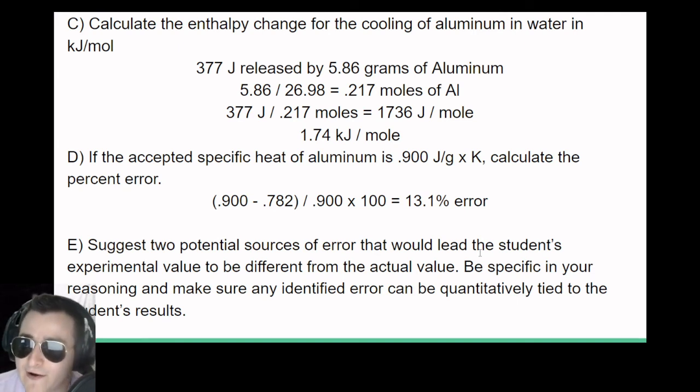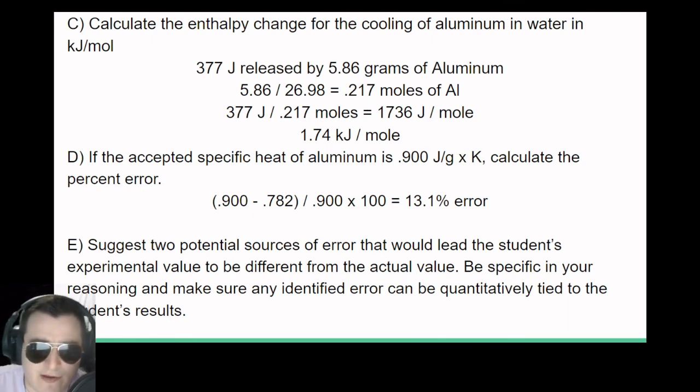What am I getting at here? Not all of the energy that is released by the aluminum is going to go into the water. You're going to lose some energy to the environment. Period, end of story. Right? What would that do? That would show that your aluminum is releasing less energy than it actually did. So that would throw off your calculations just a little bit.